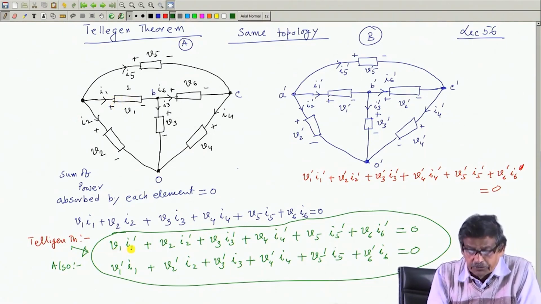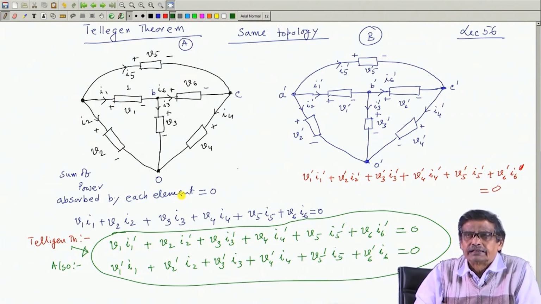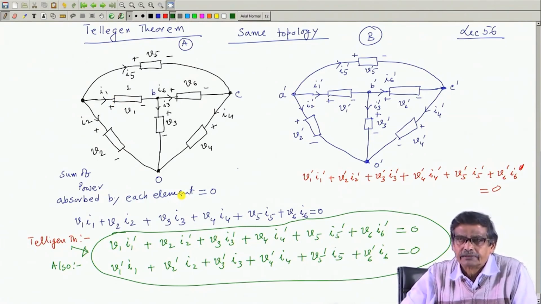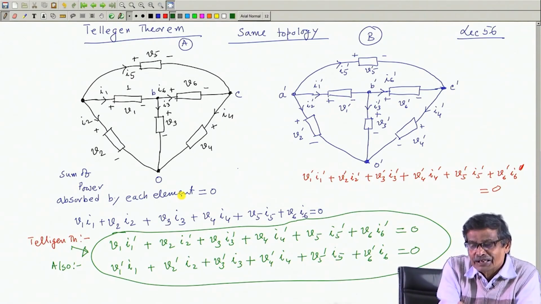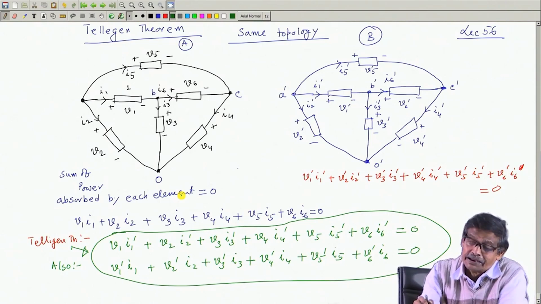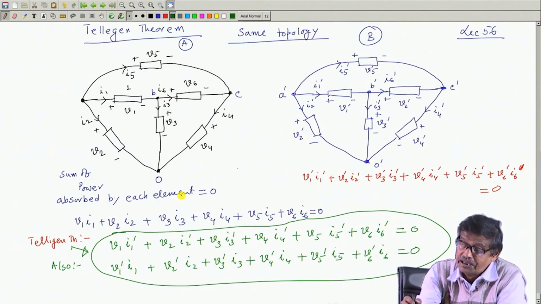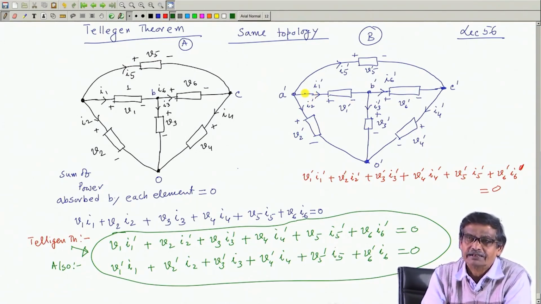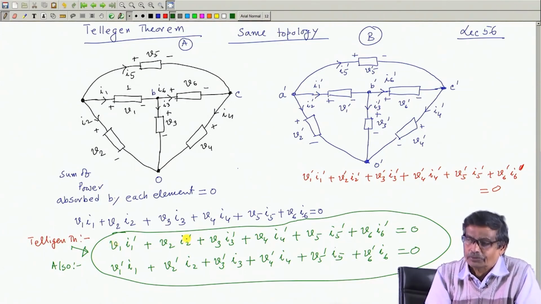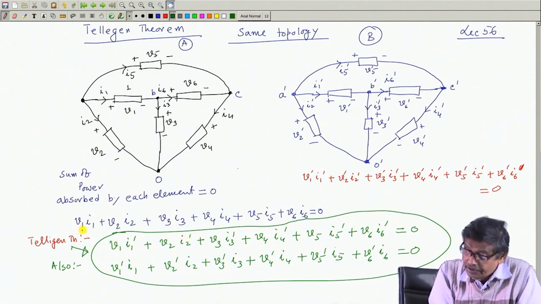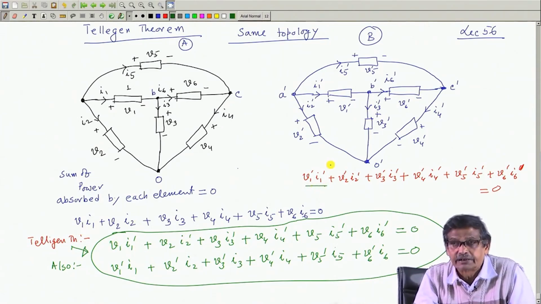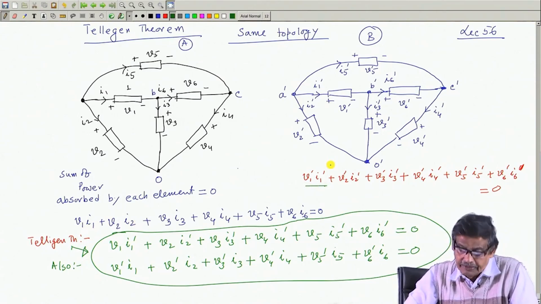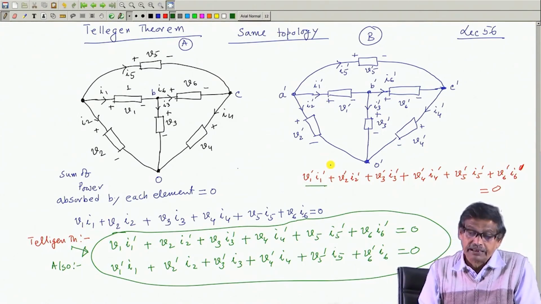But so far as V 1 into I 1 dash is concerned, we cannot assign any physical significance to that, because voltage across element 1 of this network and current of network B, you are multiplying, what does it physically signify? We do not know, it is not possible to signify anything to this product. Although V 1 I 1 and V 1 dash I 1 dash, I know pretty well what they signify. But let us come to this result, why it will be like that.